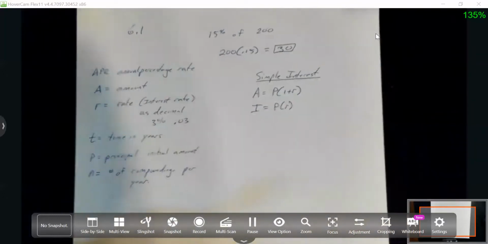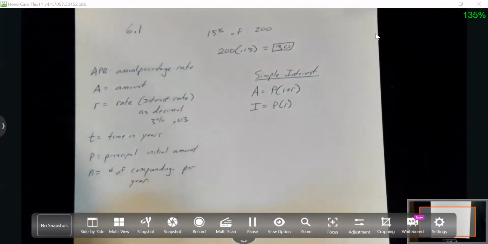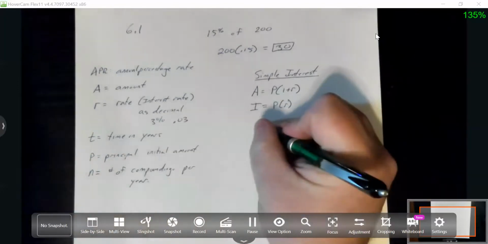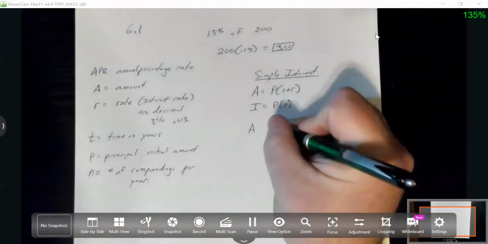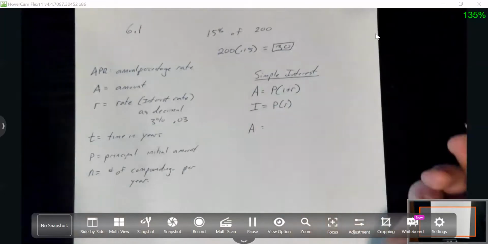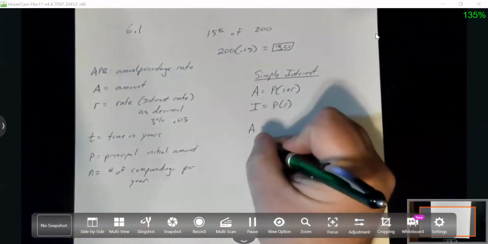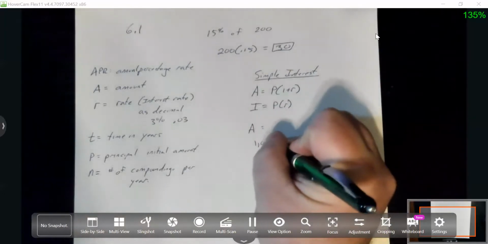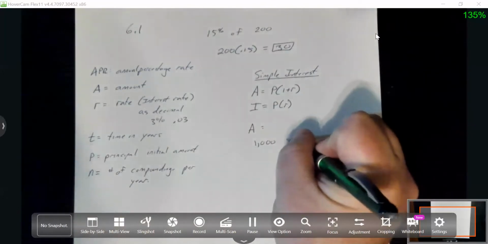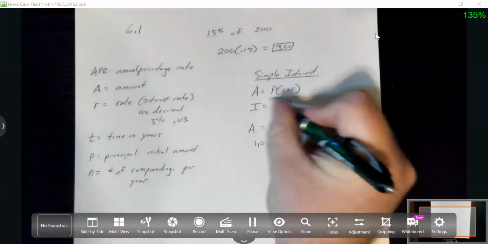As an example, say we had a simple government bond or a CD, and we wanted to find out how much we would get after a year if we had a $1,000 investment at 8% simple interest. We plug it into this basic formula.